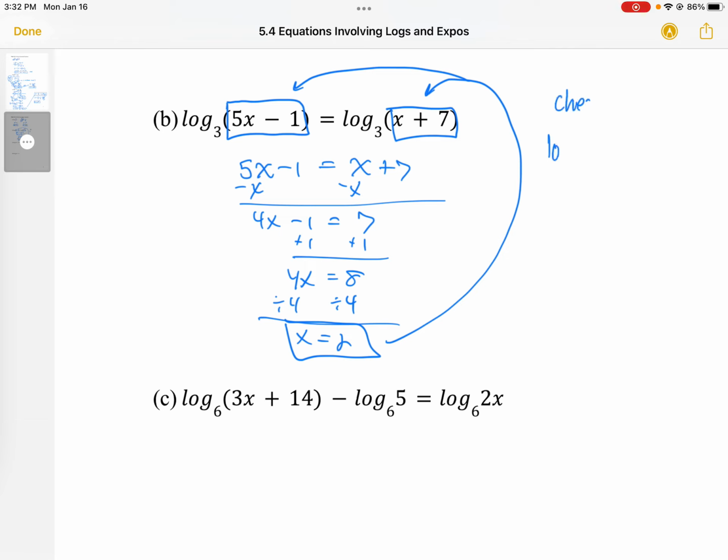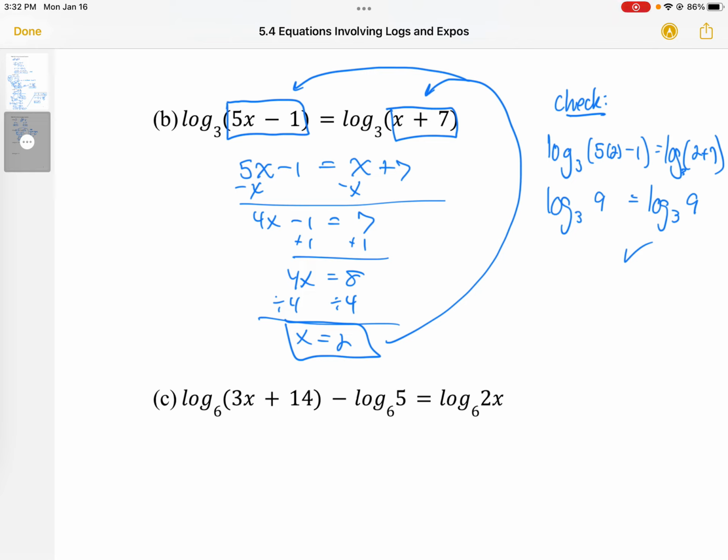So let's do our check right here. We have log base 3 of 5 times 2 minus 1 is equal to log base 3 of 2 plus 7. So we have log base 3 of 9 is equal to log base 3 of 9, and we're good.